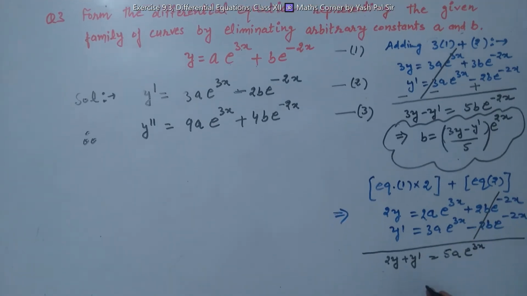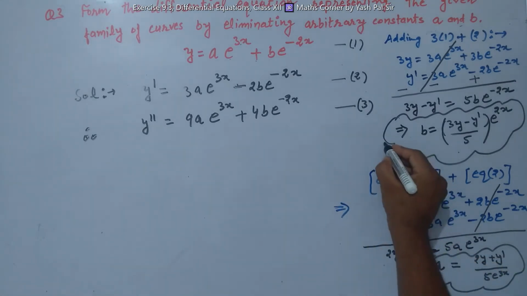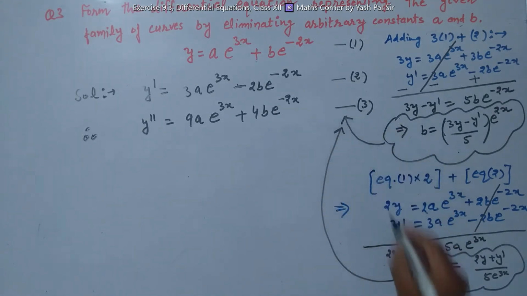So from here we conclude the value of a is equal to 2y plus y dash upon 5 e power 3x. These are the values of a and b we are going to substitute in equation number 3. Both the values we are going to substitute here in equation number 3.